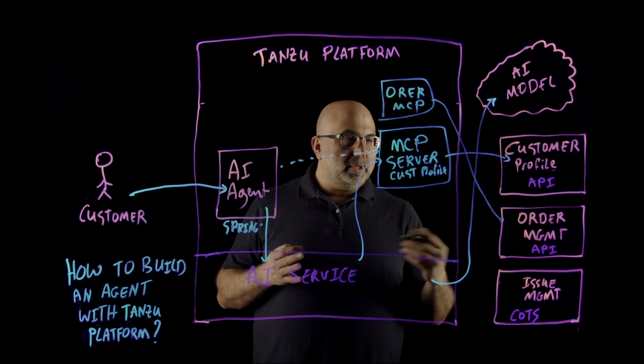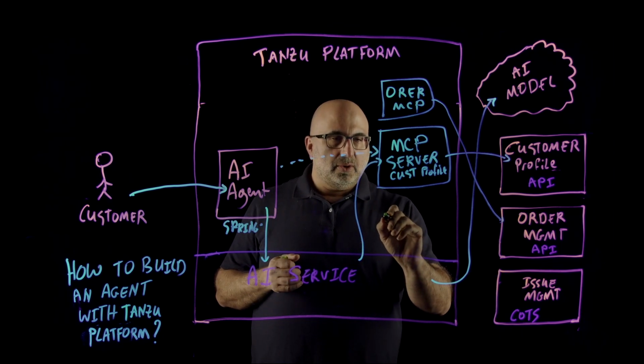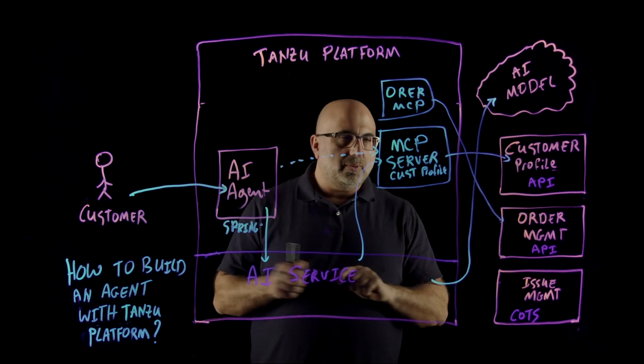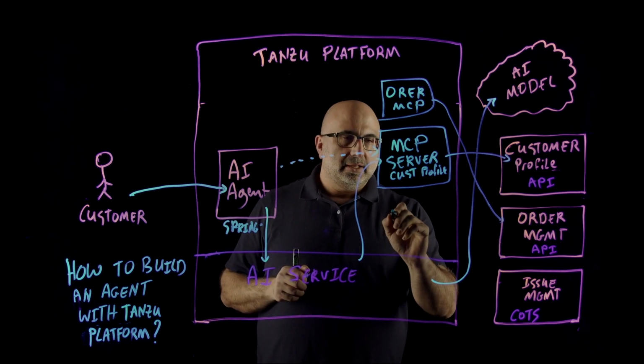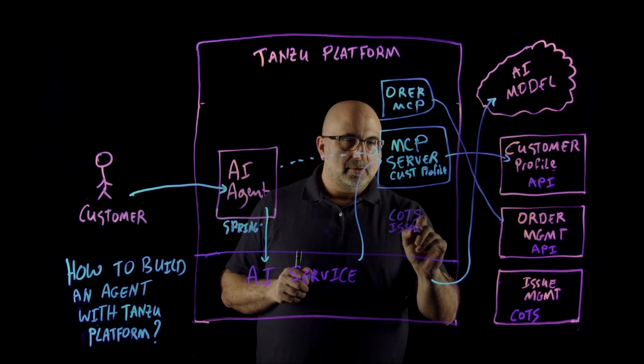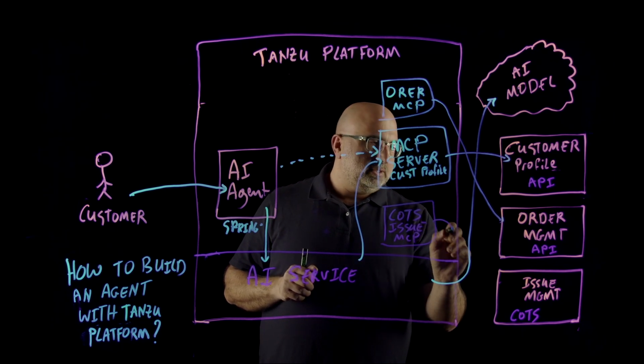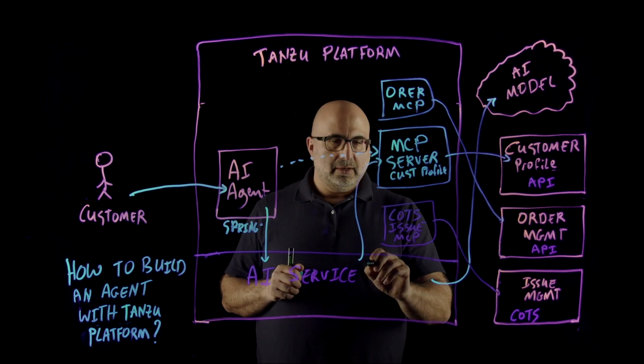The COTS vendor has built an MCP server. So what we're going to do is we're not going to write that one from scratch. We're going to deploy it. So we're just going to say the COTS issue MCP server. And that is going to take care of going here.